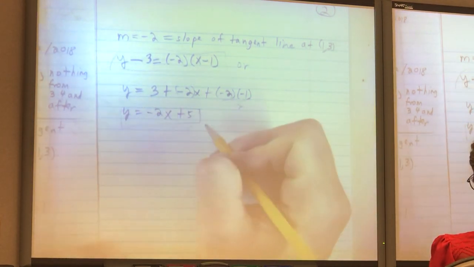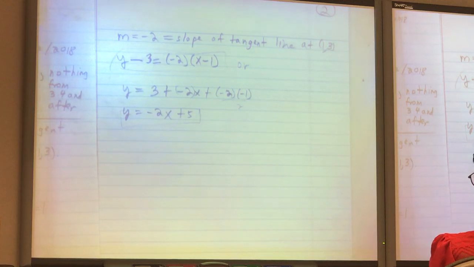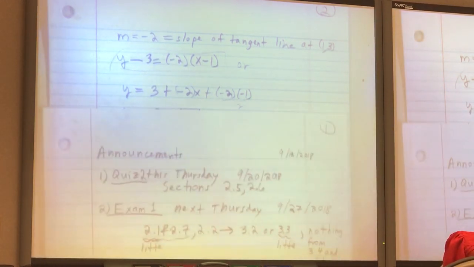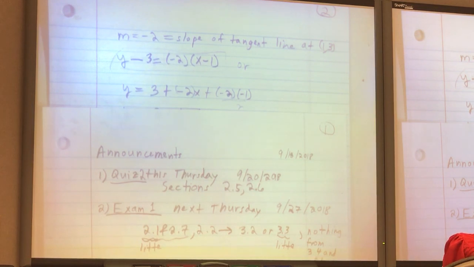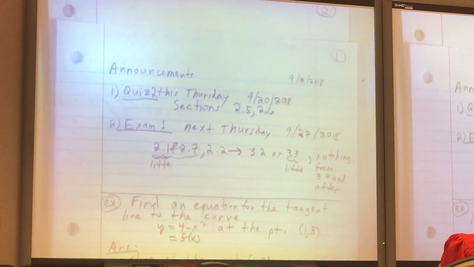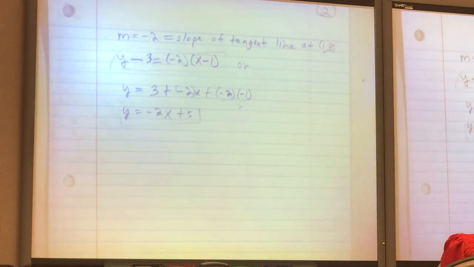You can also write this solution that way. Okay? So 2 different ways. I didn't tell you how to write it because the instructions said find an equation, not find the equation in this or that form. Right there, those were the instructions. Find an equation. Questions?